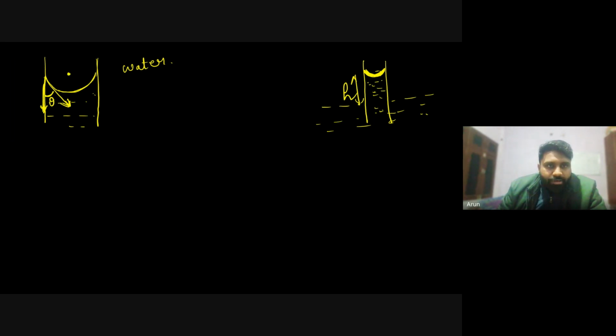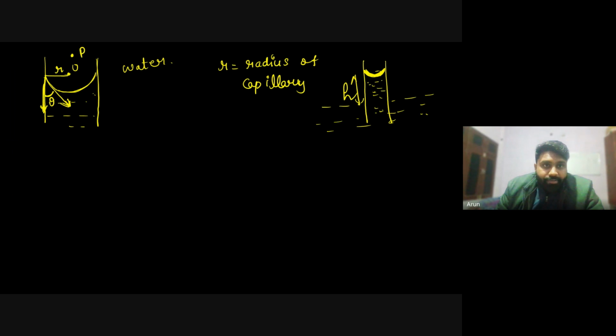This is a point, let's say O. This point is representing the radius of this capillary. So small r here is the radius of the capillary. And this, let's say point P, and this has a radius capital R.